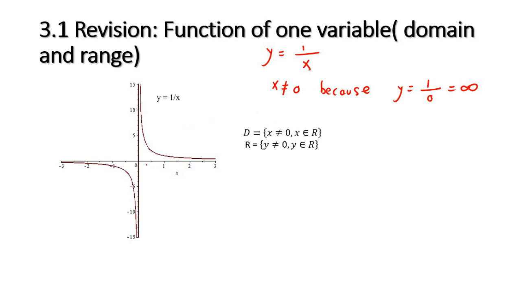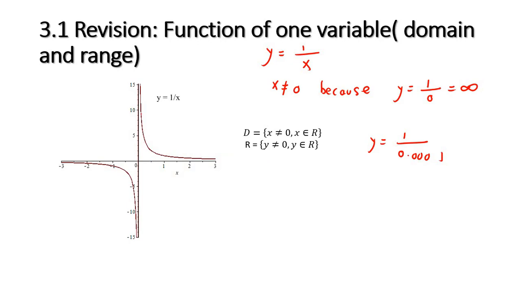Since x is never equal to 0, and the y value that you obtain after we plot, you see y never touches y equal to 0 too. That's why the range is also y cannot be equal to 0, because in that case there is no value of x. You put x, let's say 0.1, or you can try to put something like 1.00001.